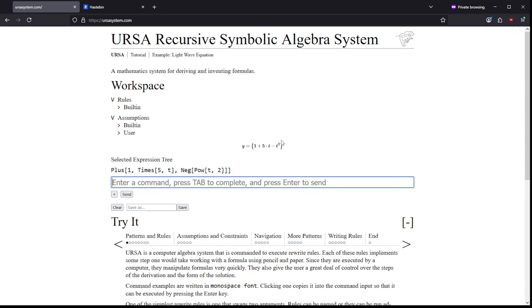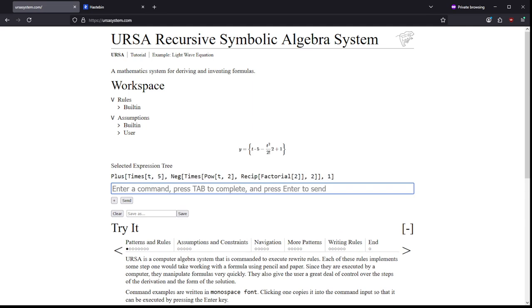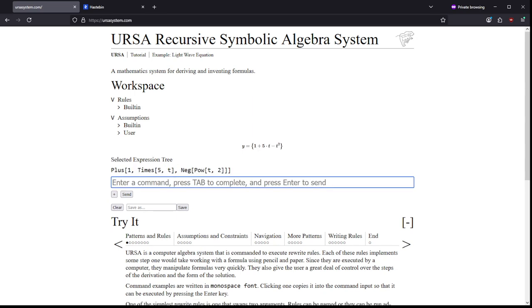Anyway, the arithmetic rule does the arithmetic. I'll just undo real quick. We had t squared over 2 factorial times 2, and when I run the arithmetic rule, those cancel. And these ended up reordered. The rule wasn't supposed to do that, but anyway, this is correct. So we've got y equals 1 plus 5t minus t squared.